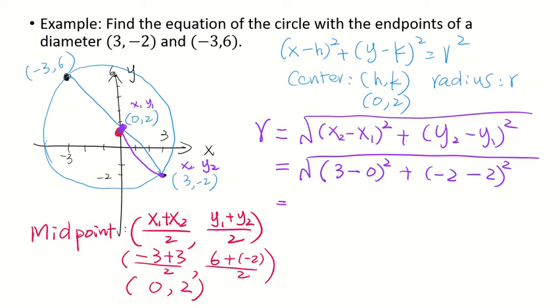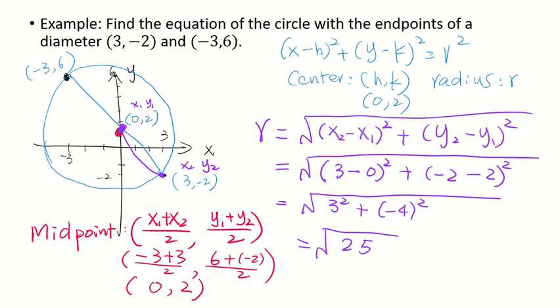So here we have the square root of 3 squared plus negative 4 squared. That is the square root of 9 plus 16, which is 25. The square root of 25 is 5, which is our radius.